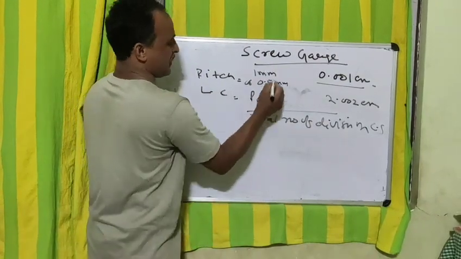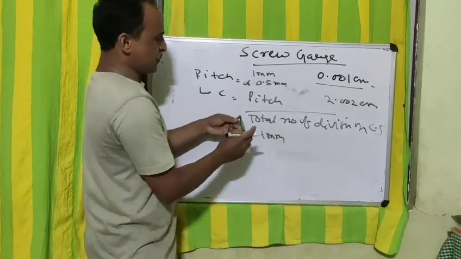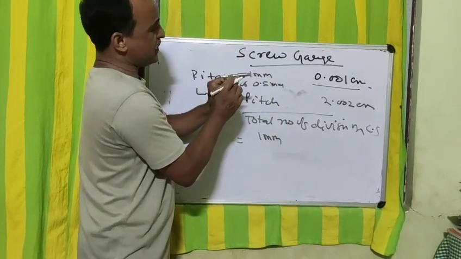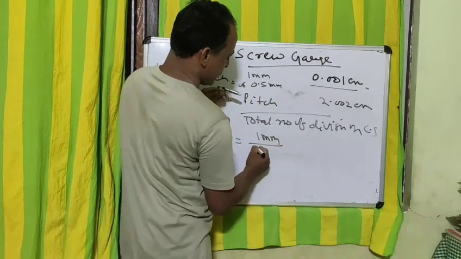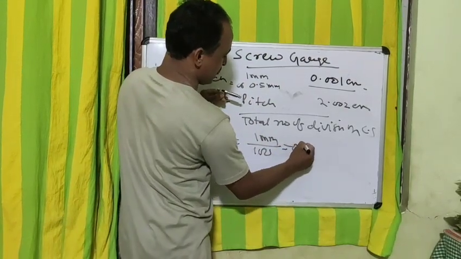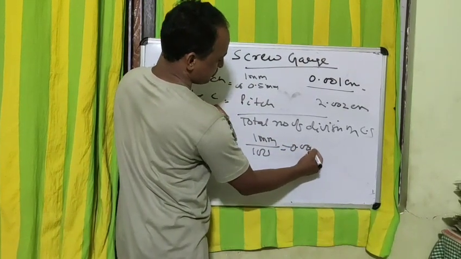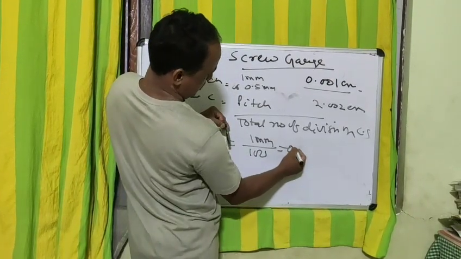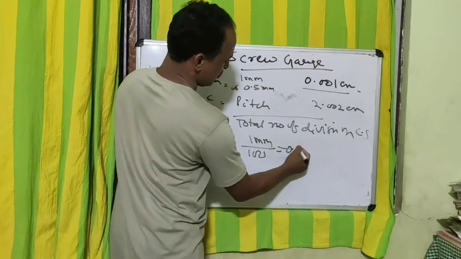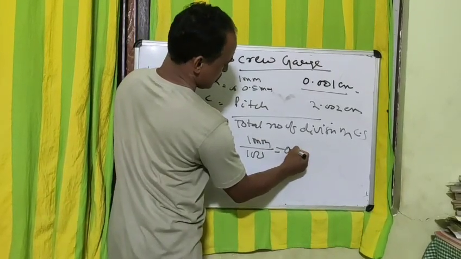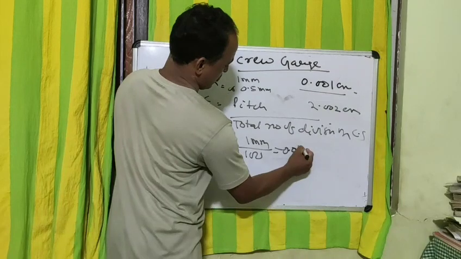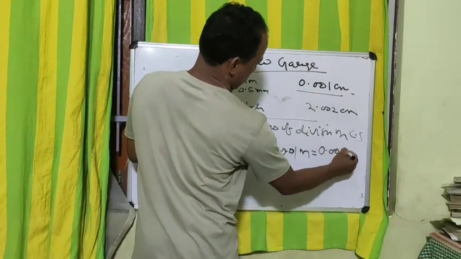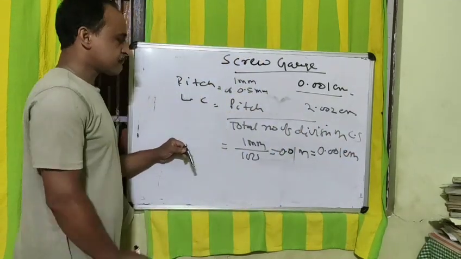The pitch we already calculated is 1 mm. Here you see how many divisions there are on the circular scale. If 100, then 1 mm divided by 100 is 0.01 mm, which is 0.001 cm.